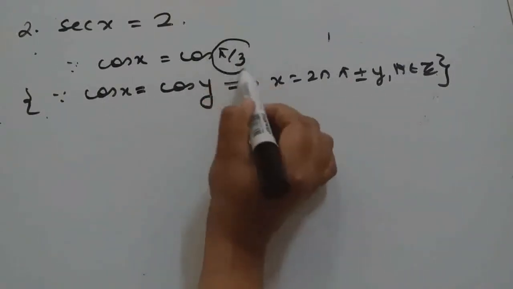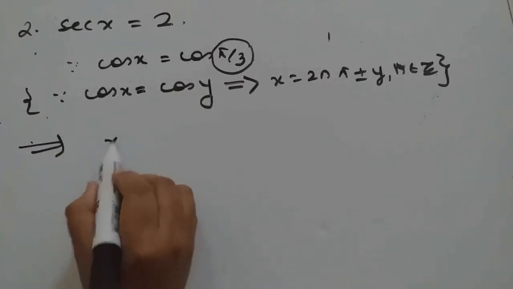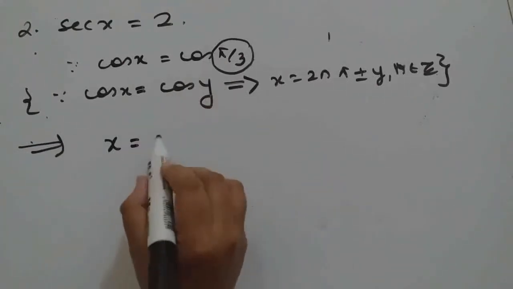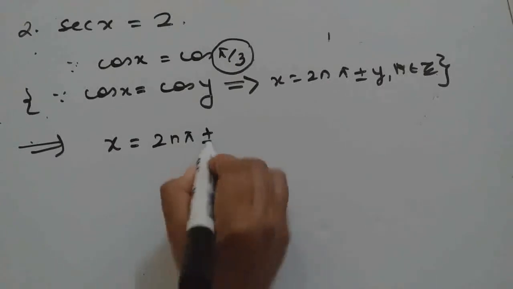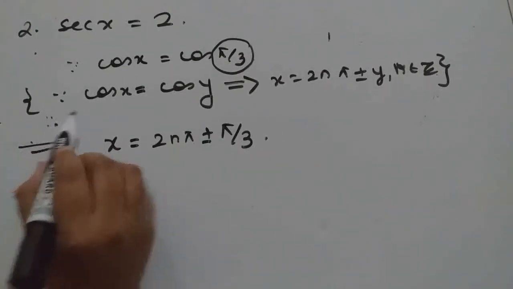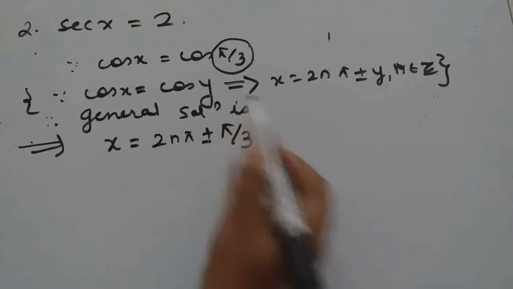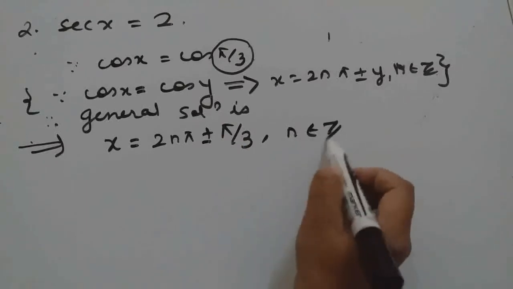What is y here? Pi by 3. So our solution for this particular equation is 2n pi plus or minus pi by 3. This is the general solution, where n belongs to Z.